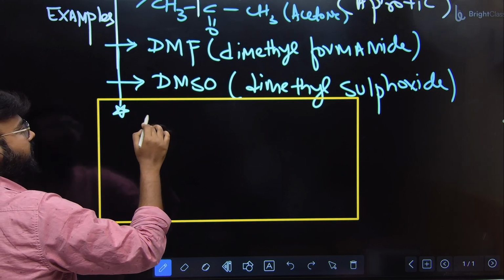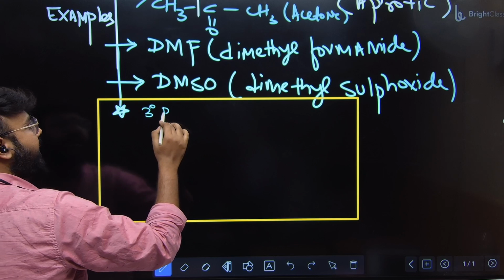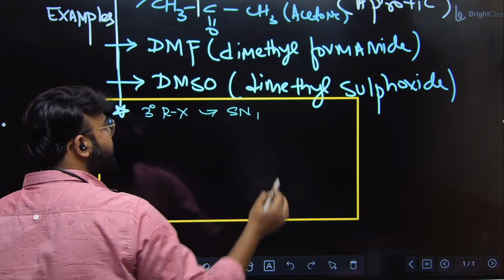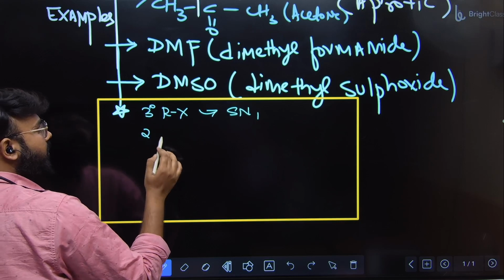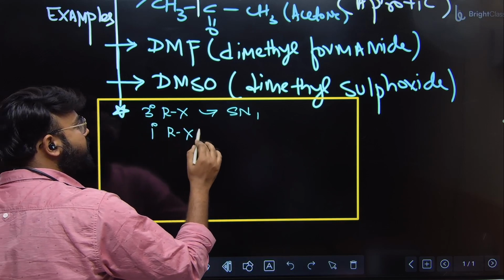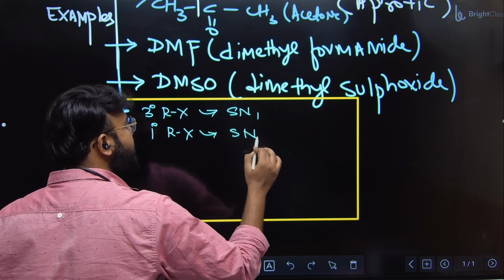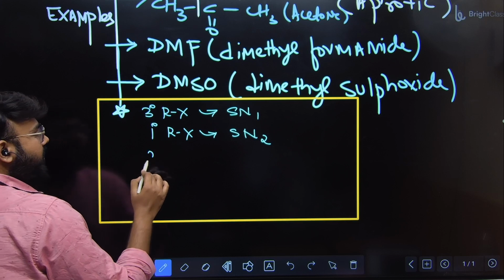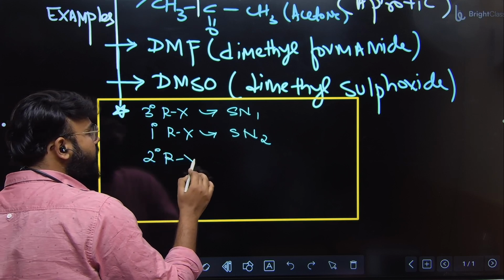See, 3 degree alkyl halide will prefer SN1. 1 degree alkyl halide will prefer SN2. Correct? But 2 degree can form both.